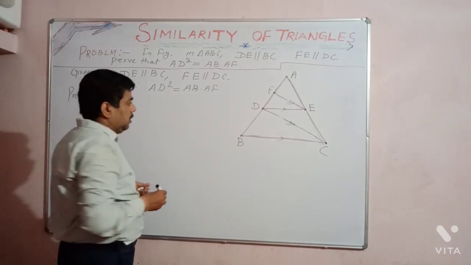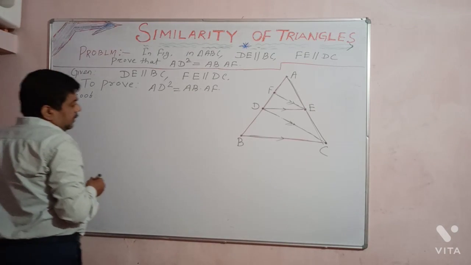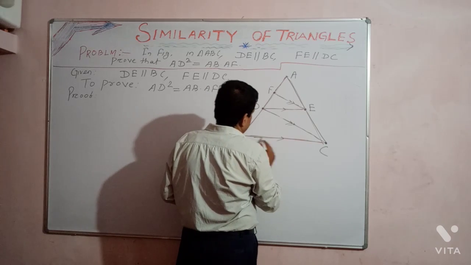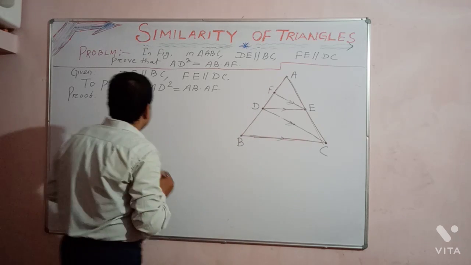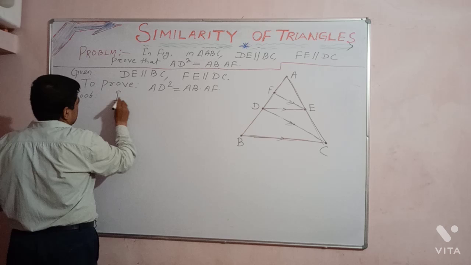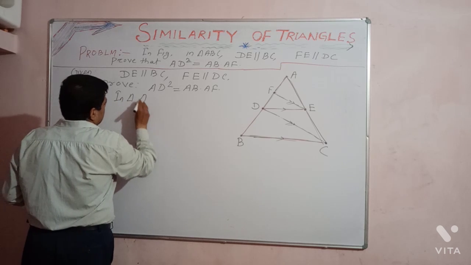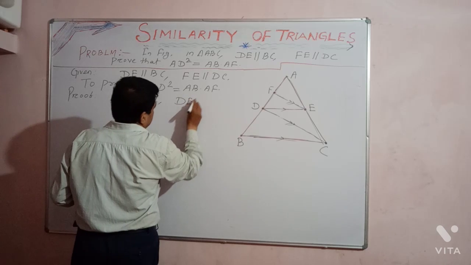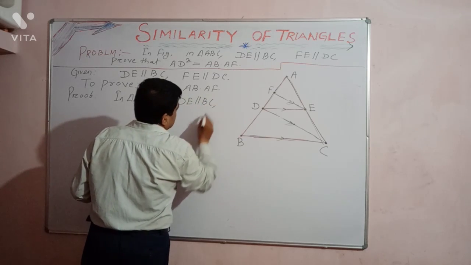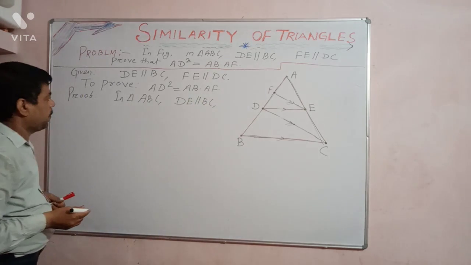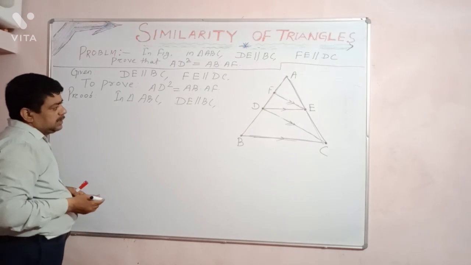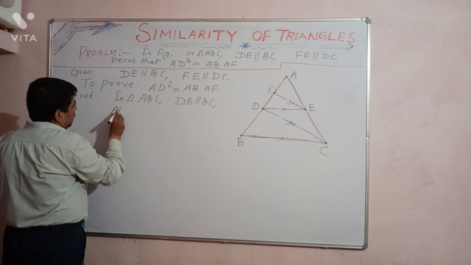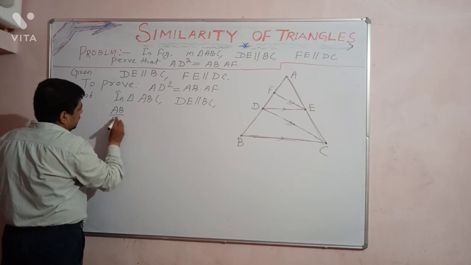Now let's see, students. ABC is a triangle. In triangle ABC, DE is parallel to BC. It is given. Write down: in triangle ABC, DE parallel to BC. So since DE is parallel to BC, we can write AB upon AD.